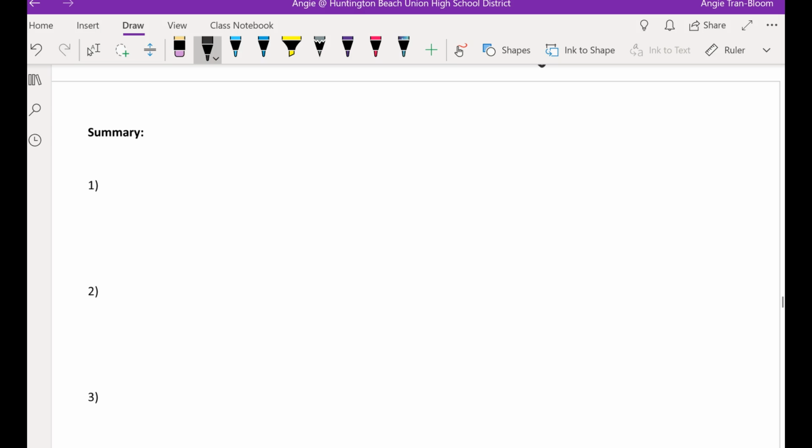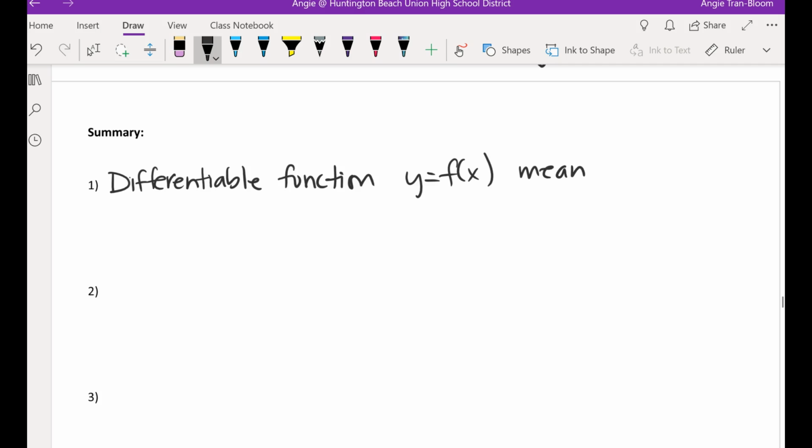That's a good question. Number 1. Differentiable. So, a differentiable function, let's say y equals f of x, means, and I used this word yesterday on your homework quiz, graph me a differentiable function.